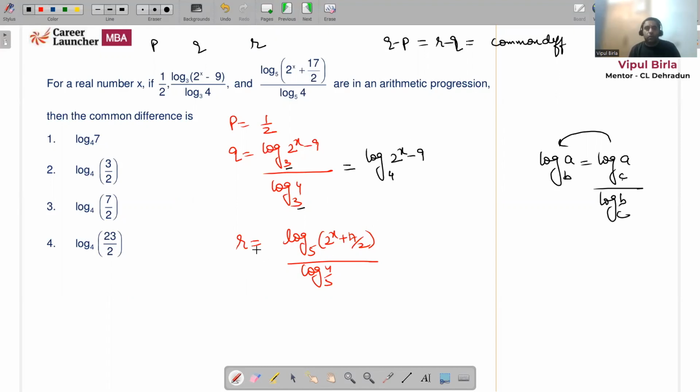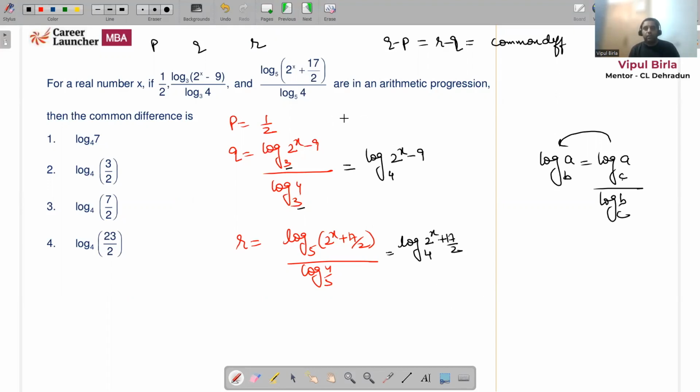Similarly, with the same logic, the value of R can be rewritten as log of 4 to the power x plus 17 by 2 to the base 4, right?